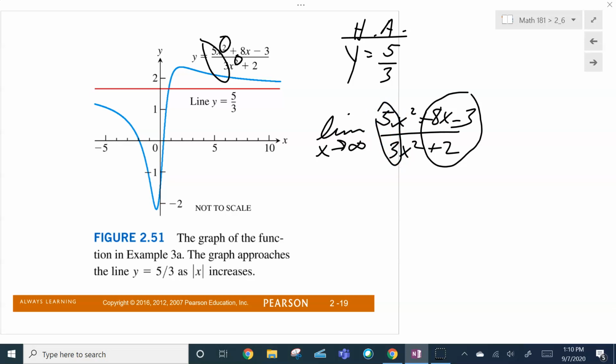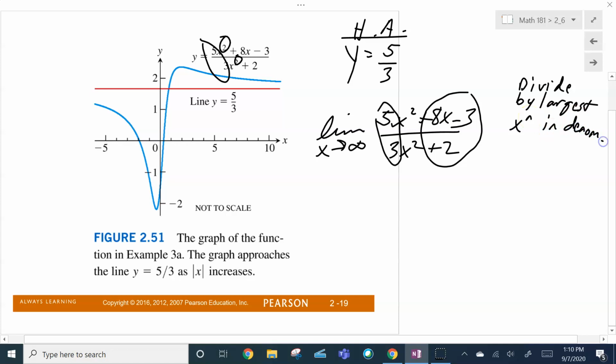Now, algebraically, there is a process to do this. If you're taking this limit as x goes to infinity, what we're going to do is divide by the largest variable power x to the n in the denominator, and then reanalyze.